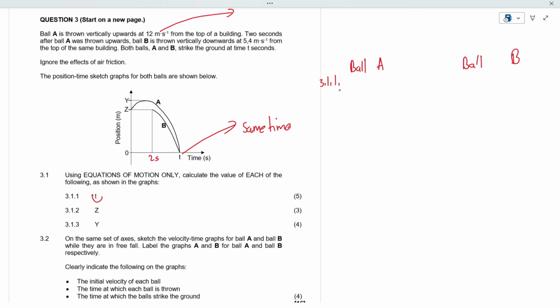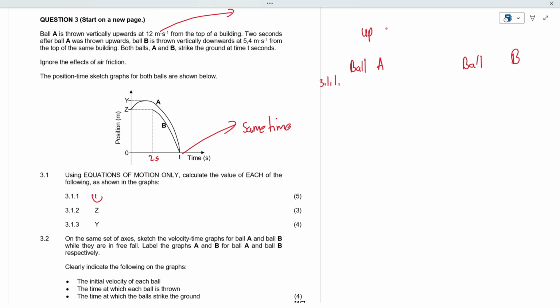The first thing we know is that for ball A we are given its initial velocity. Let me choose direction: up is positive, and it is thrown upwards, so the initial velocity is equal to plus 12. You can choose whether to write the positive or not.